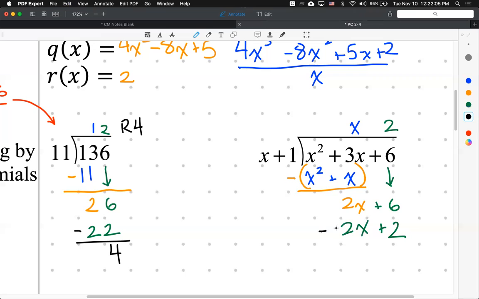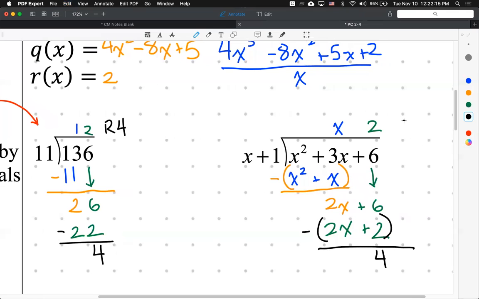You just subtract that, and the 2 gets canceled out. Remainder 4. Perfect. Since it's x plus 2, this is a positive 2, so we could have written a plus 2 here. And the remainder is 4.